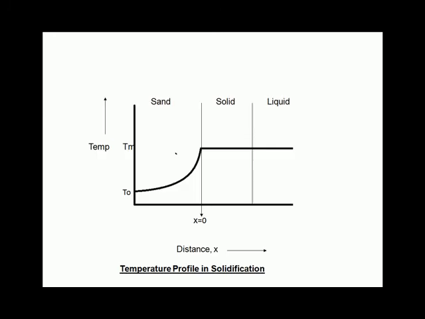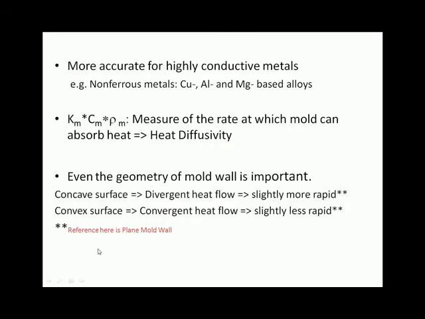Now see this graph. As we have described, this is the T0 temperature, so this remains at the ambient temperature, and here the metal is conducting, so it remains at melting temperature, and the temperature variation is in the mold only. This is more accurate for highly conductive metals like Cu, Al and Mg based alloys, which is clear because we are considering that the mold is insulating, so the metal should be relatively highly conductive.